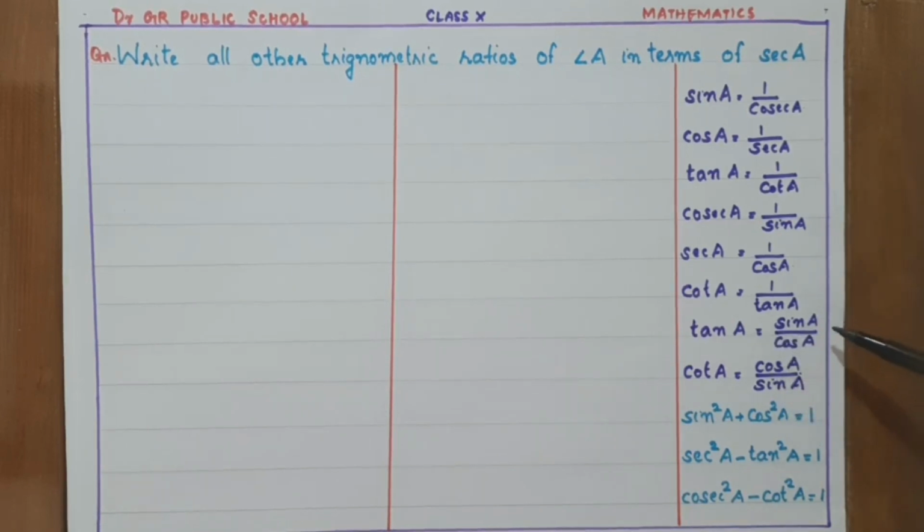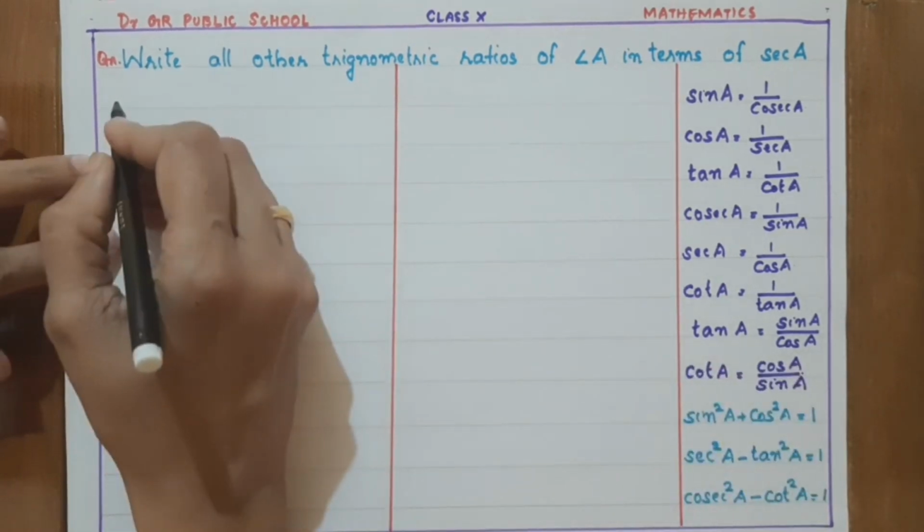here tan A can be written as sin A by cos A and cot A can be written as cos A by sin A. Then we have to remember these identities. Okay, so what is the first trigonometric ratio we have discussed? Sine ratio. So we can consider the sine ratio.